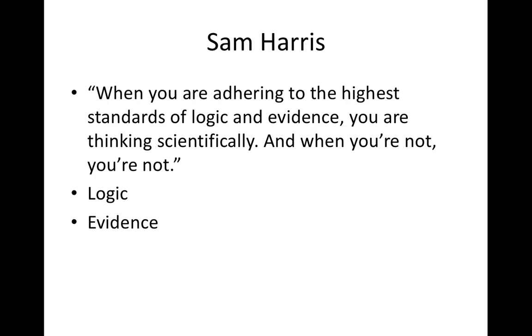So I think the basis of science is logic and evidence. And if you're using logic, if you're using the best evidence that you have available, if you're pursuing new evidence and making sure that you have the best evidence, and you're logically relating it to the prior evidence that you have, then you're thinking scientifically.